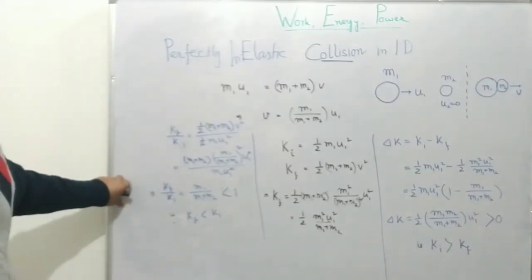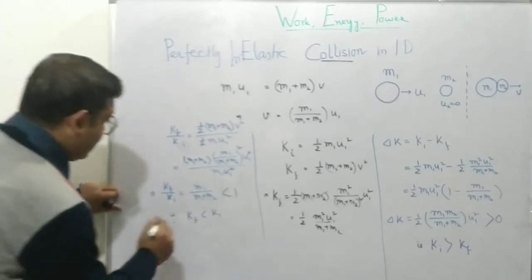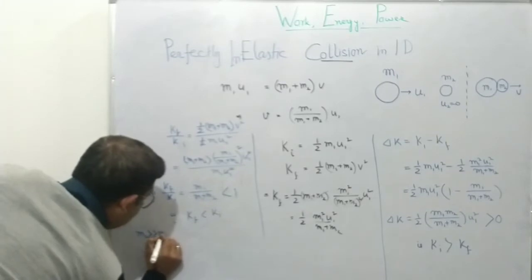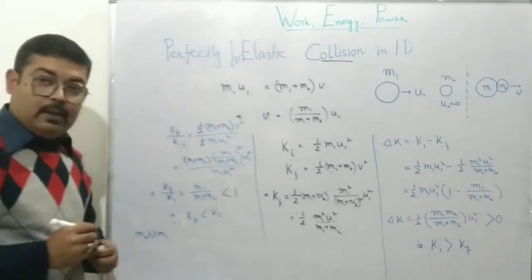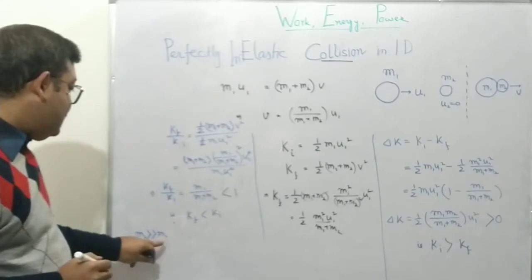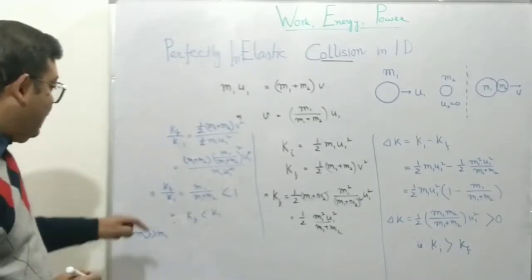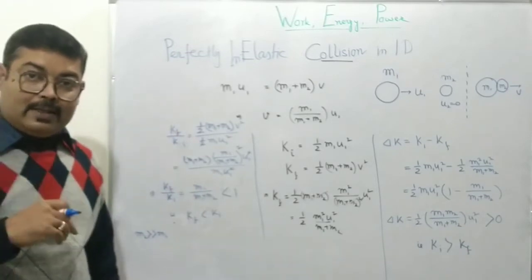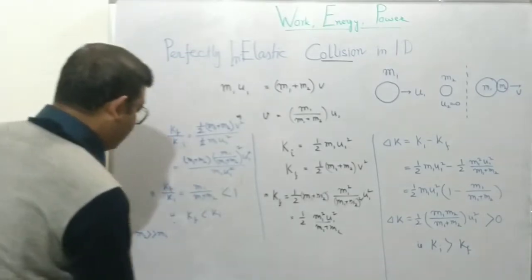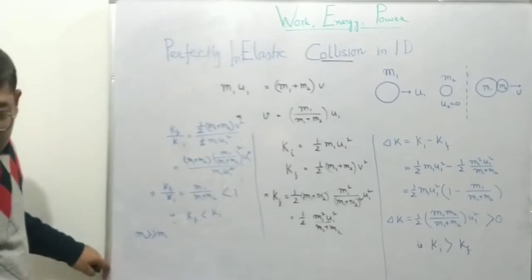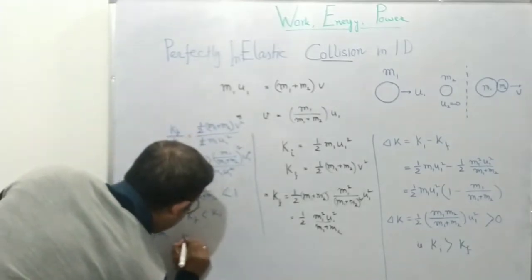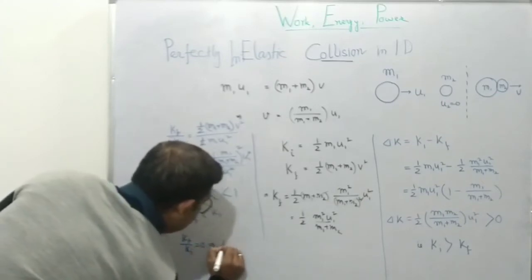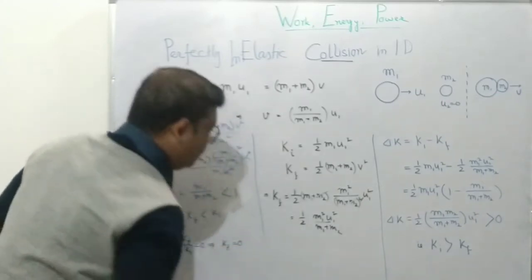Now if it is so, and if we consider a special case where m2 is much greater than m1, that is to say if m1 is negligible compared with m2, in that case, in this fraction, the numerator term is negligible, or we can set it to 0. Or in other words, what we will have, Kf by Ki will be equal to 0, giving us Kf equals to 0.